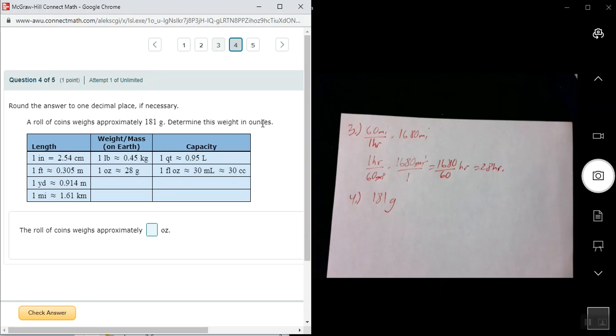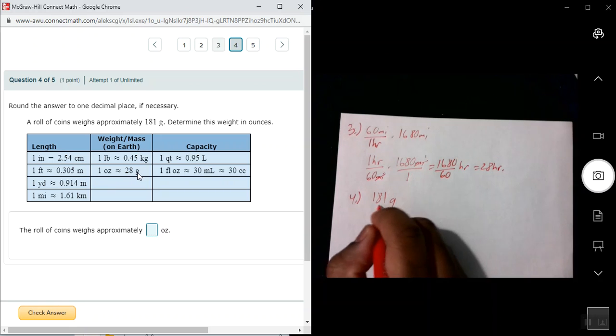We know grams and ounces are two different systems here. You have the English and you have the metric. The grams is metric and the ounces is in the English system. So we look here and we know that that deals with weight. They tell us 1 ounce is approximately 28 grams.